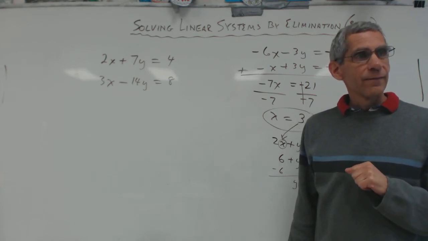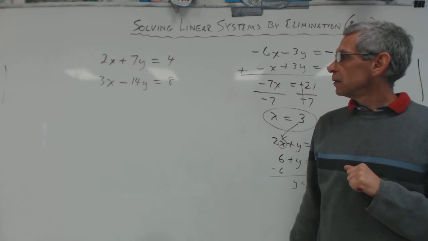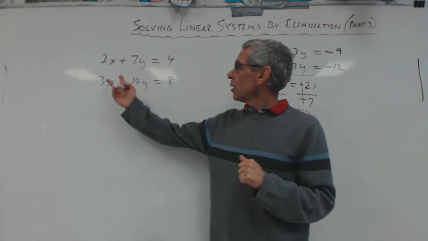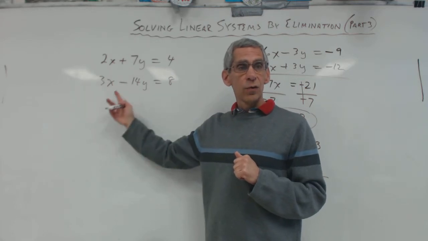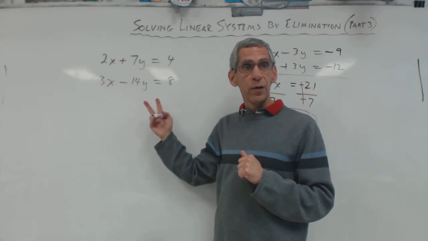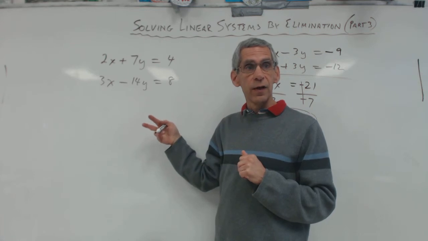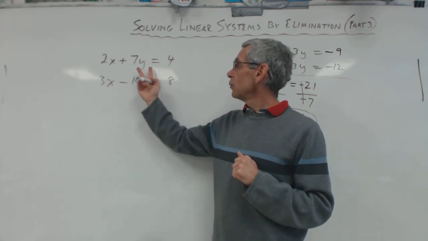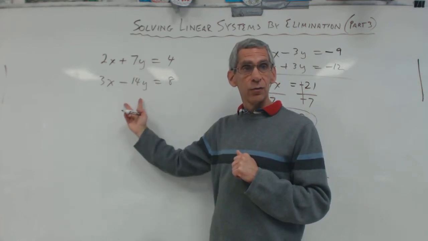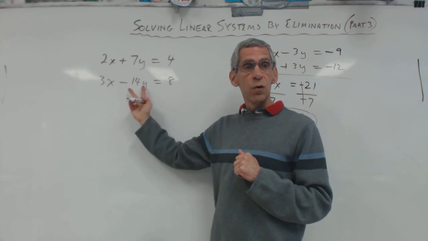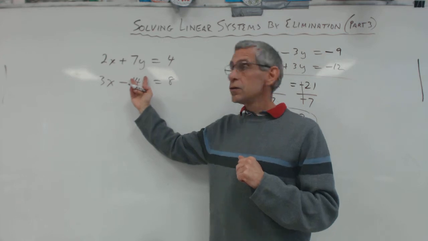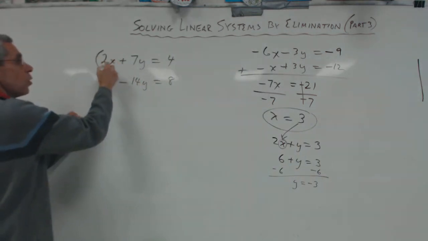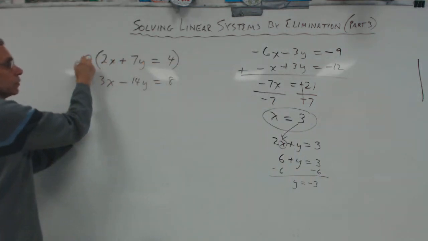I wrote something down. Okay. All right. You want the numbers in front of the x's or the numbers in front of the y's to be the same number except one's positive, one's negative, right? I think it'd be a lot easier to turn this 7 into a 14. Don't you agree? So what would you have to do to the 7 to turn it into 14? So therefore, you're going to have to multiply this whole first equation by 2.